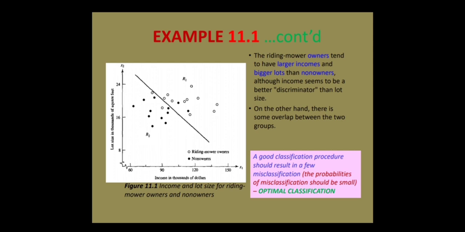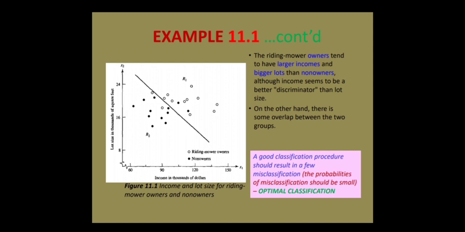We can say that region R1 belongs to owners, and region R2 belongs to non-owners. So these two points of owners, the observations from the owners, fall in region R2, and these two points that belong to the non-owners fall in the R1 region.